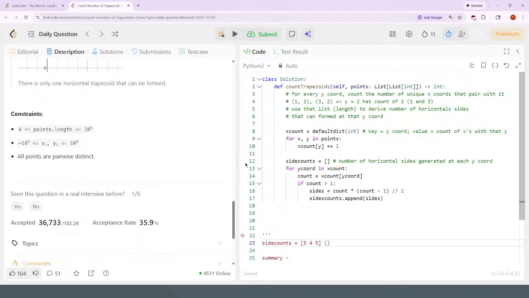So that means at 3 unique y coordinates, 3, 4, and 5 horizontal sides can be generated.